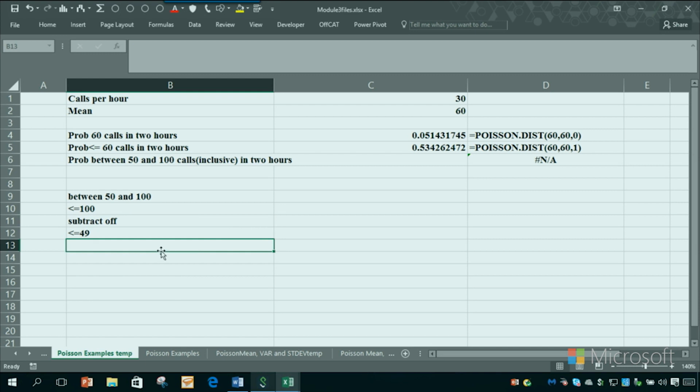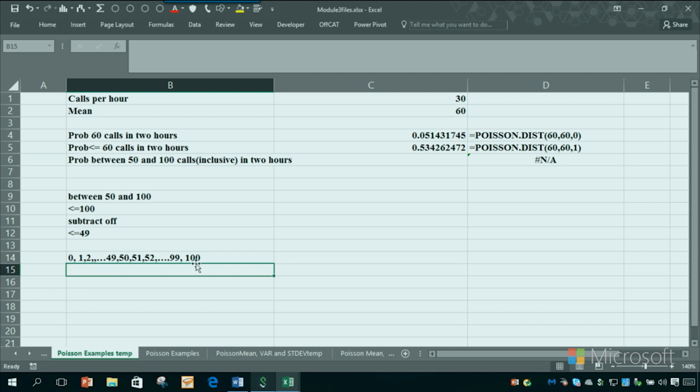Because what does that leave me with? If I go 0, 1, 2, we'll not type everything here, I go 49, 50, 51, 52, 99, 100. What I want is basically everything between 50 and 100.